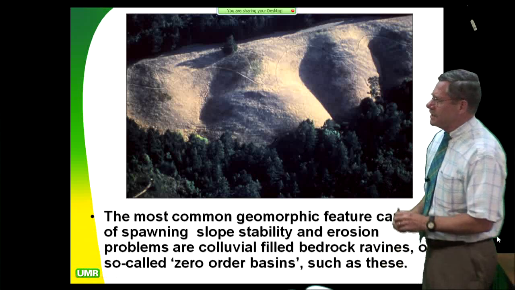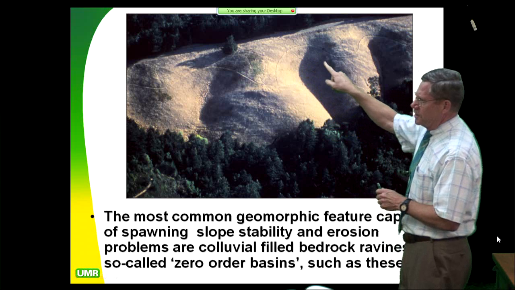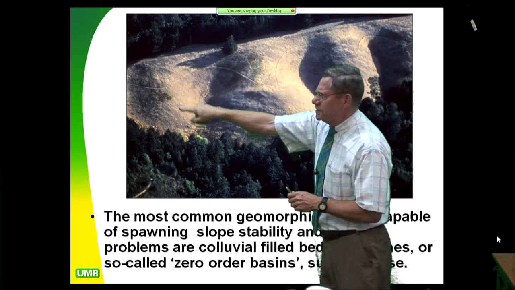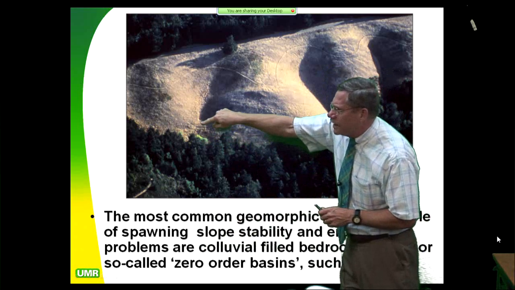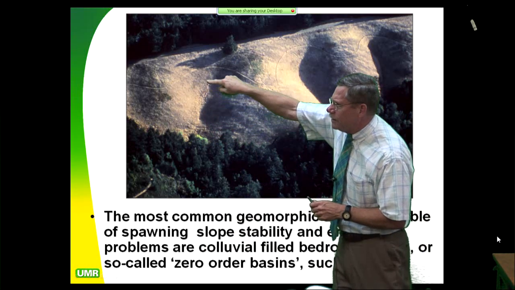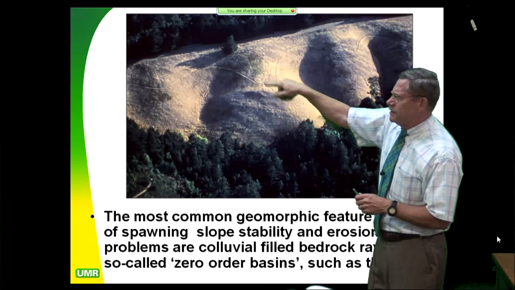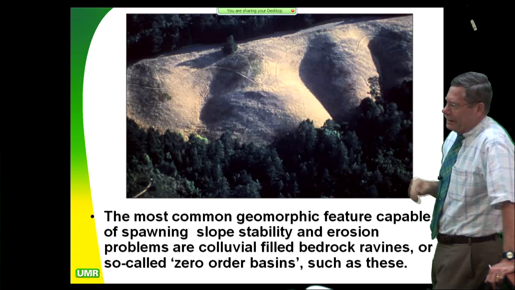What is this common geomorphic feature? This colluvial-filled ravine is usually pear-shaped, like you see here, and in this case, we call them zero-order basins if we don't see a defined bed and bank. If we don't see a channel coming up here, which neither one of these has, then that's a zero-order basin. This is fluvial geomorphology lingo.